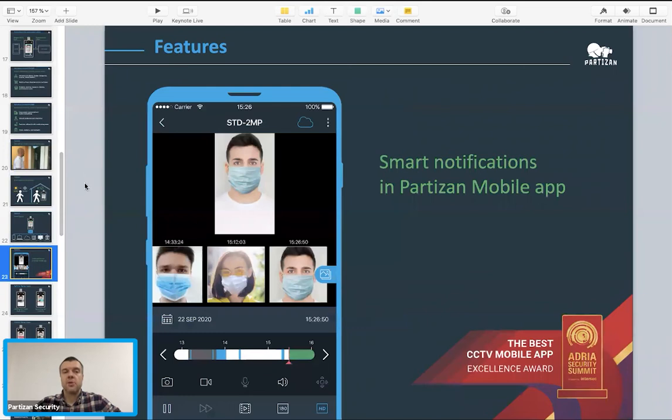One more big advantage of our device is that we have a smart notification function in the Partizan mobile app. When we're talking about the Partizan applications, which gained the best CCTV mobile award last year, we're talking about the ecosystem. The ecosystem which we are building is an ecosystem of really convenient and really useful features, which is quite simple for the end users and quite easy for the installers.